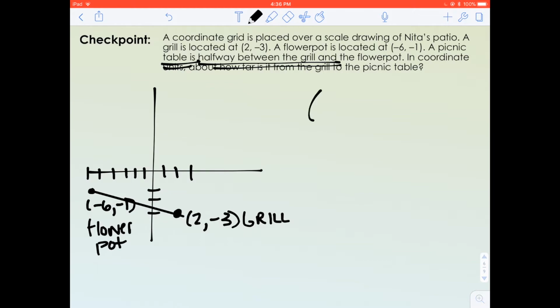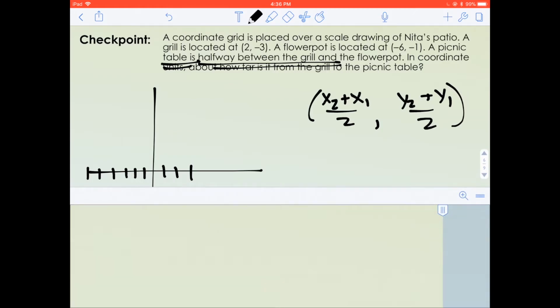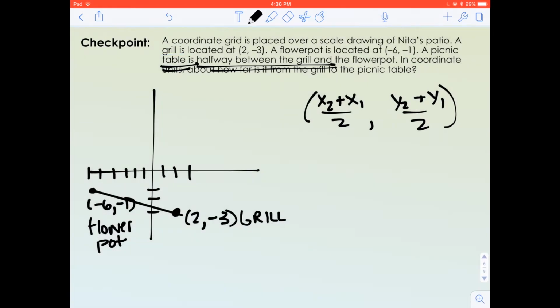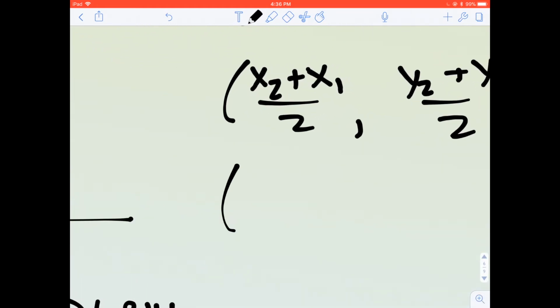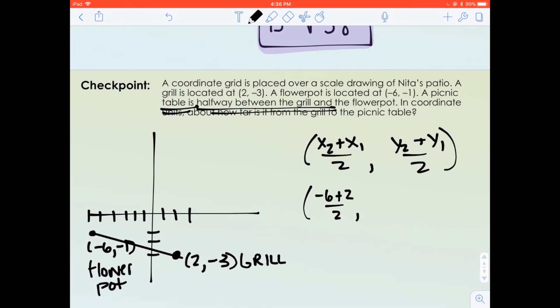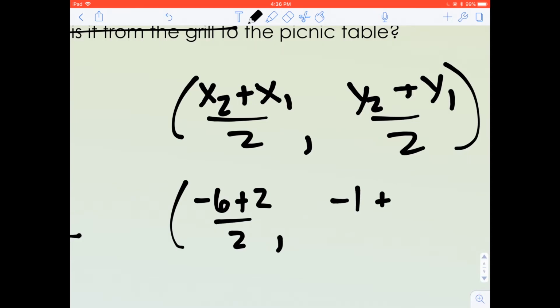So we can just have x2 plus x1 over 2, comma, y2 plus y1 over 2. We can plug in our points, which are -6 plus 2 over 2, and -1 plus -3 over 2.